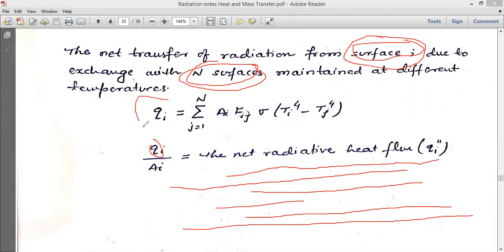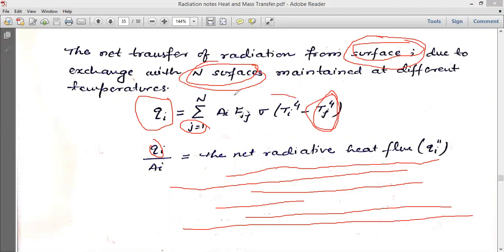So the net radiation that is coming out of the surface I, that will be qi, is intercepted by the different surfaces. Say they are j surfaces, and that may be n surfaces, so j will vary from 1 to n. That means the first interaction with surface j1, then second j2, then third j3.